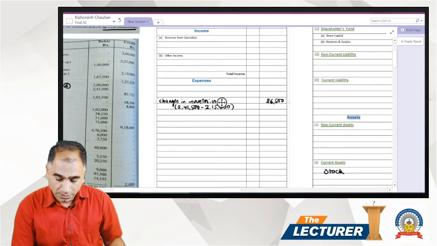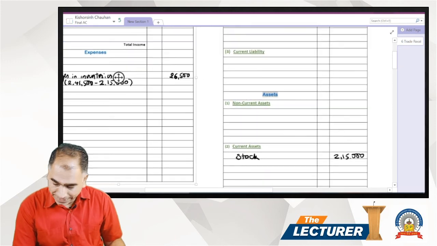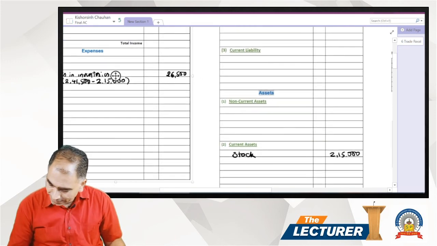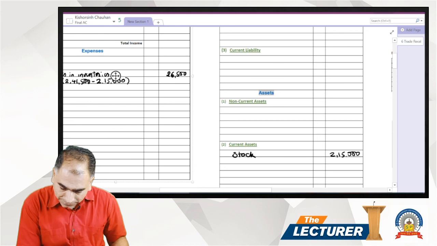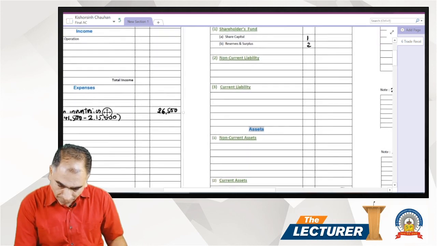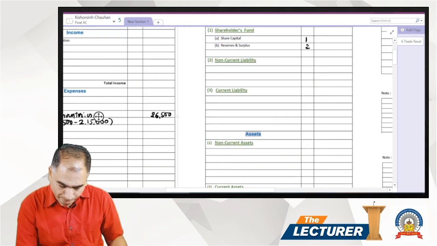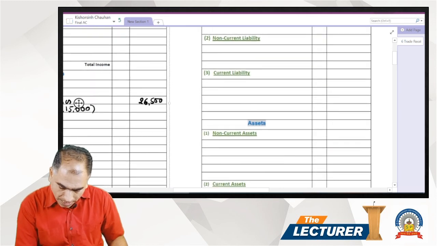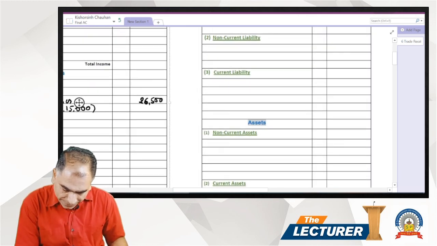In the balance sheet, for fixed assets here we have a separate heading, that is fixed asset.